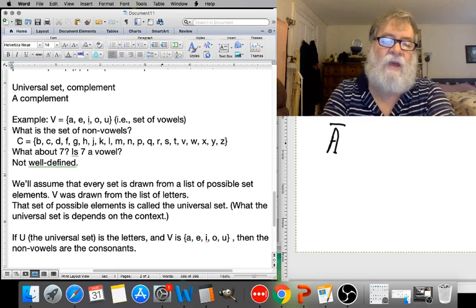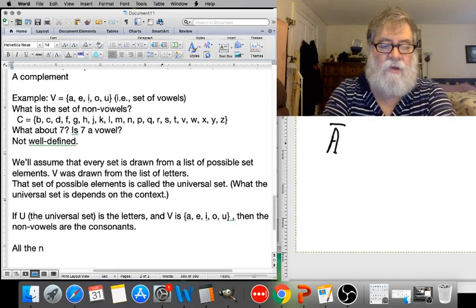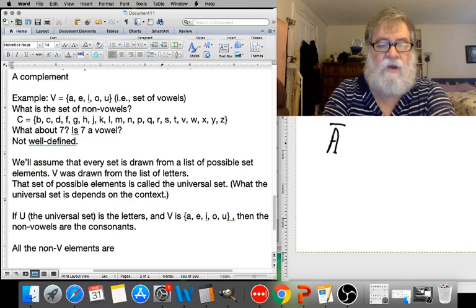And we have a name for that. All the non-V elements are called V complement.